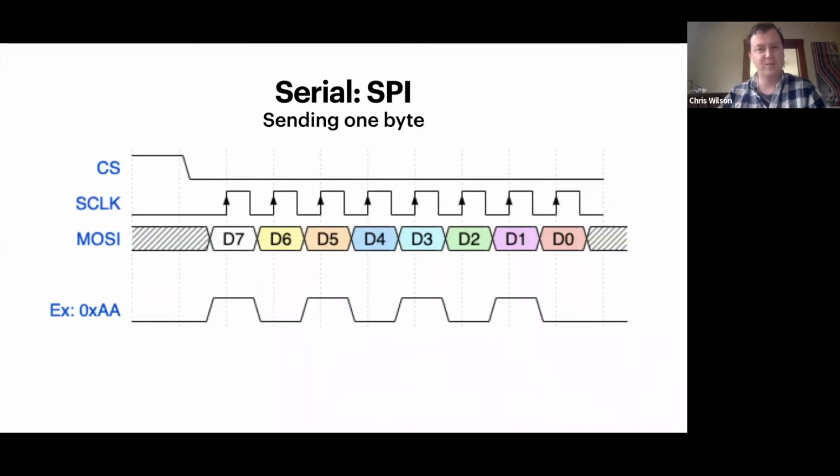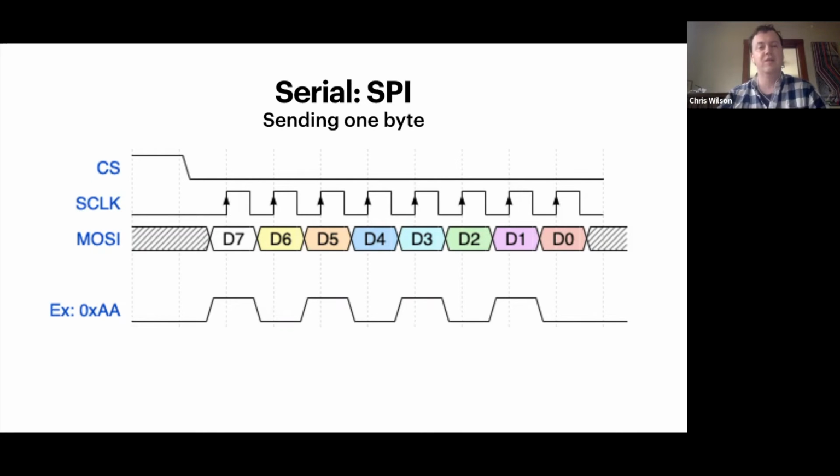So I've talked about SPI a bunch of times, and this is what I was looking at. It sends bytes by toggling various pins at the right time. And the thing to notice here is it sends along a clock signal. And so you can see every time there's one of those rising edges, it will check to see if there's a bit there.